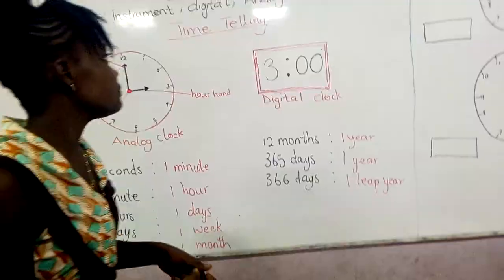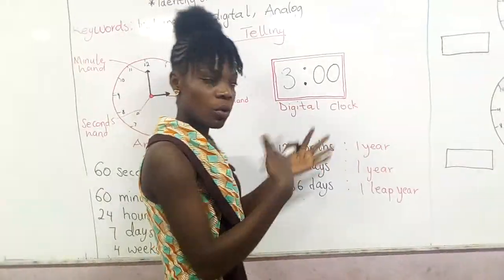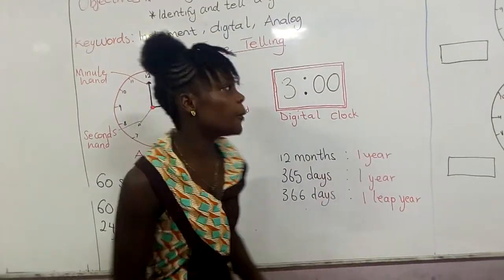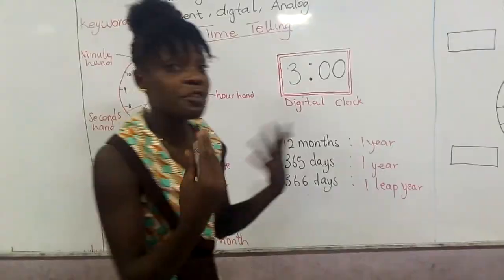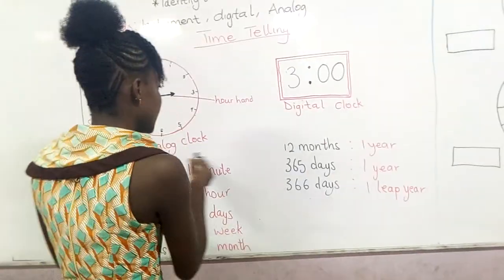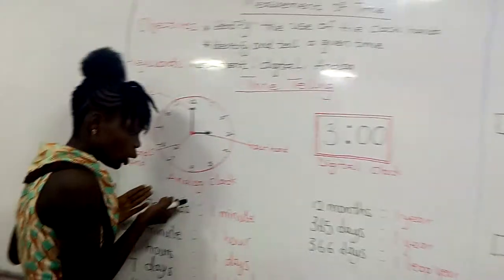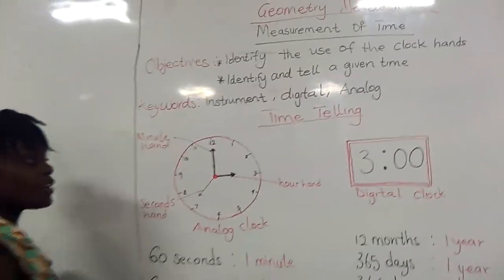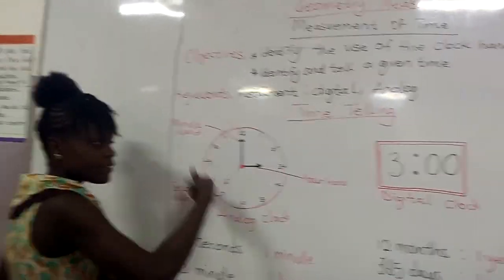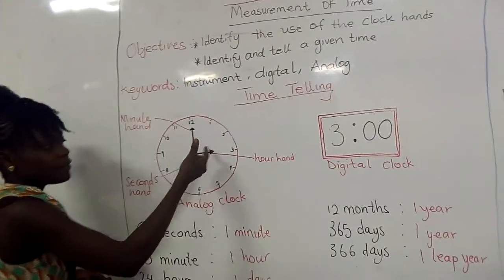So we have the clock and watch, or clocks on the board. Now, with the watch or the clock, we have 2 different types. We have the analog clock, and then we have the digital clock. With the analog clock, you can see that even though the numbers are there, we still have hands.